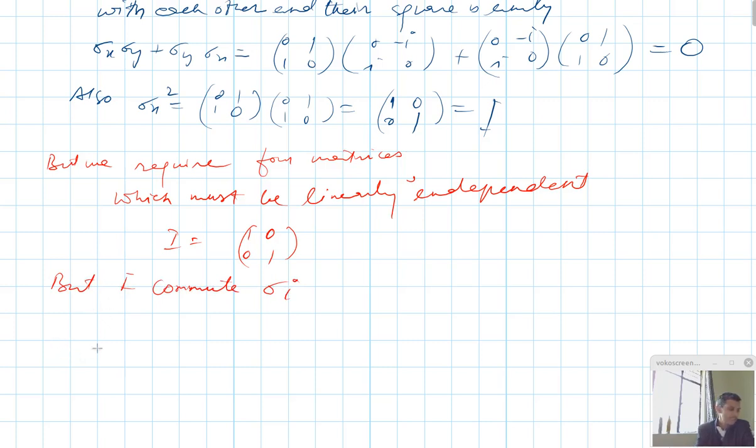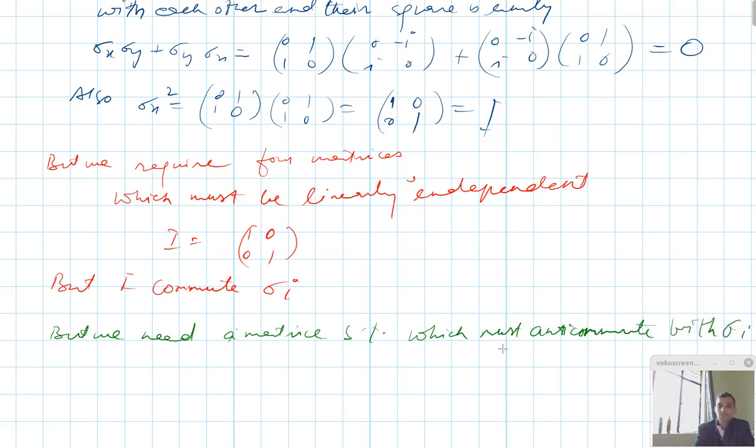So what we need is a matrix which must anti-commute. But it is commuting, so it cannot be the 4th matrix which fulfills our requirement.